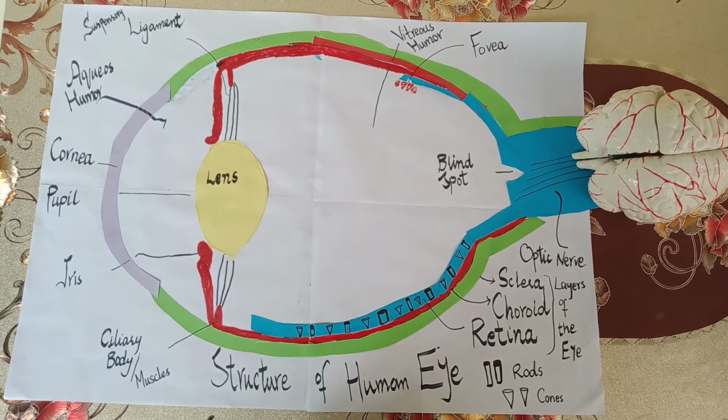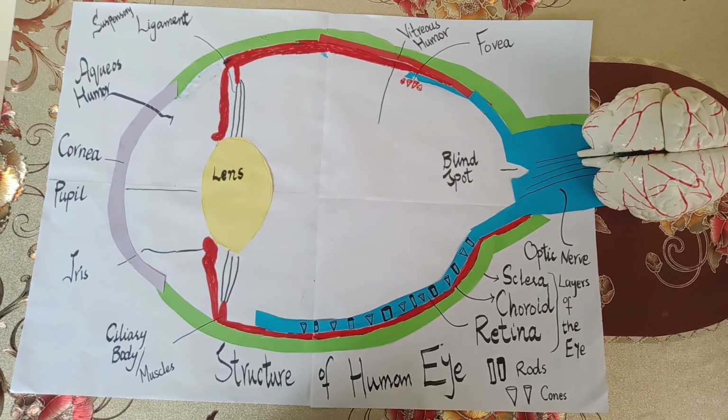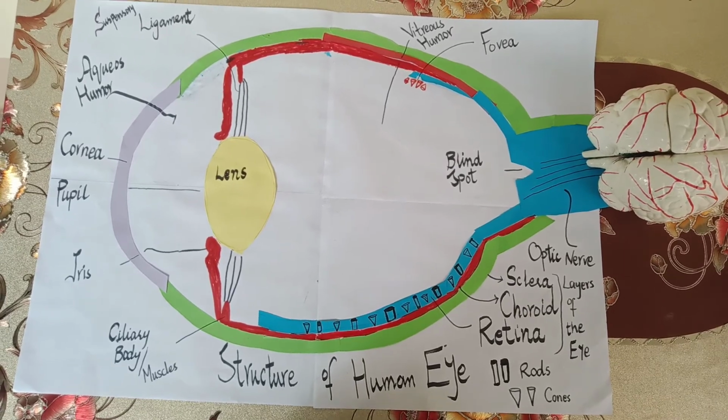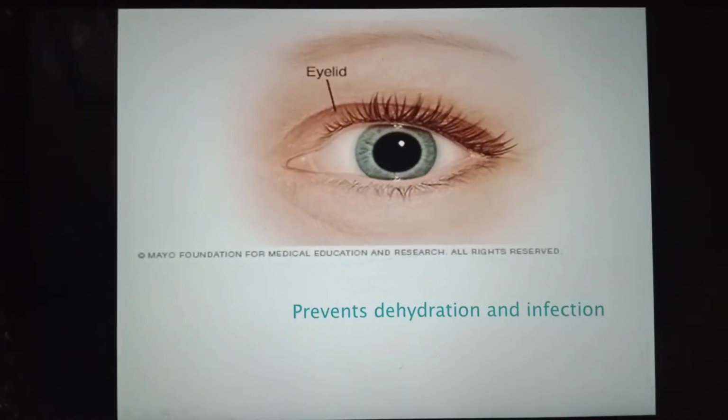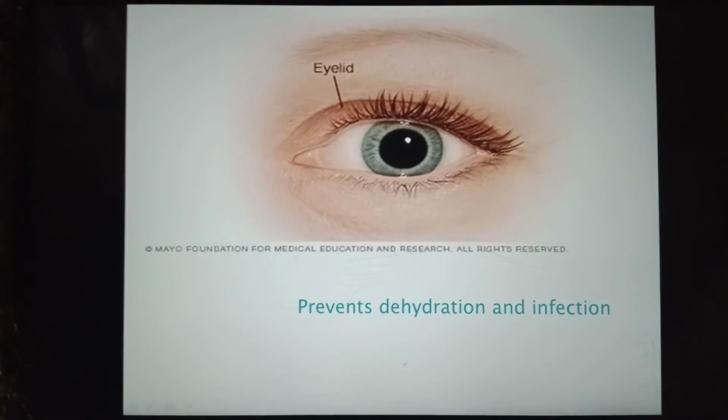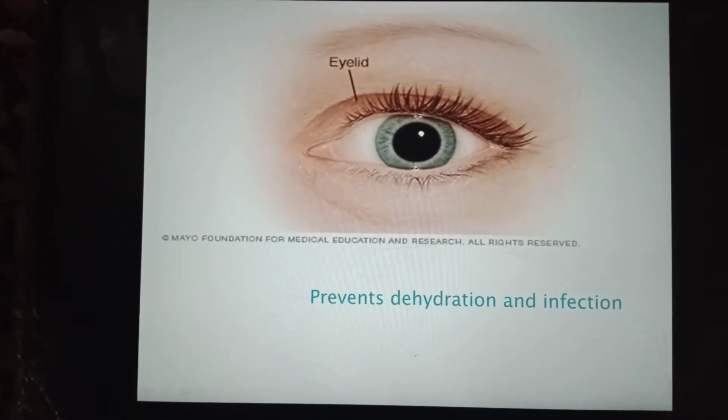I hope there is no confusion about these parts of the human eye. I have discussed the eyelid, that it prevents dehydration and infection.